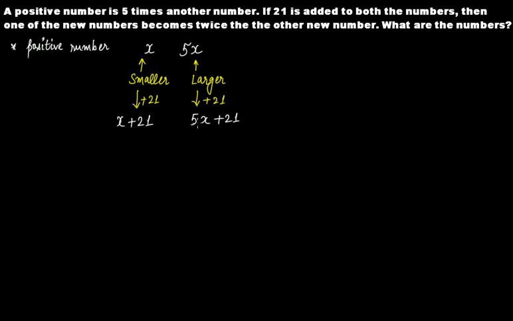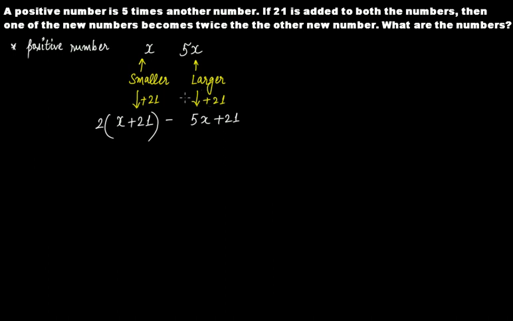Therefore, this 5x plus 21 is going to be twice of this one, because if this is larger and this is smaller, it doesn't matter if you are adding, subtracting, multiplying, even dividing with the same value, this is going to be the larger in all those 4 cases, if you are doing it with the same number, not with a different number.